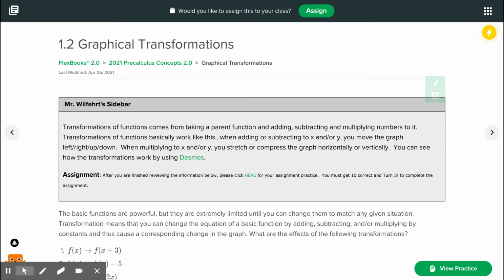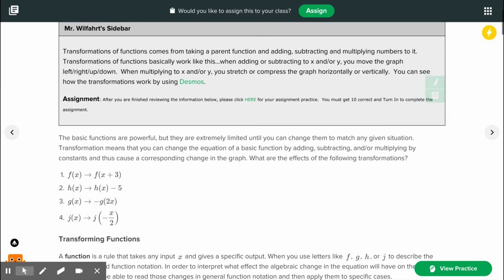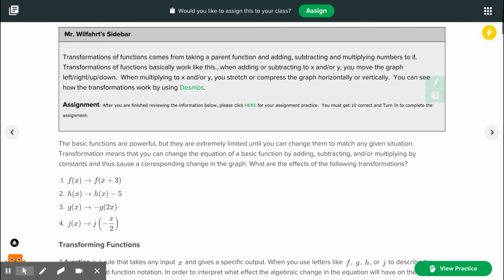It's very easy to punch in the parent function, the original function, and then the transformed function. And then you are able to see a little bit better where the graph is moving or if it's stretched or compressed.